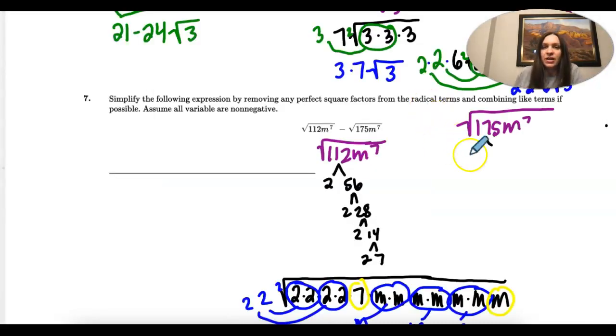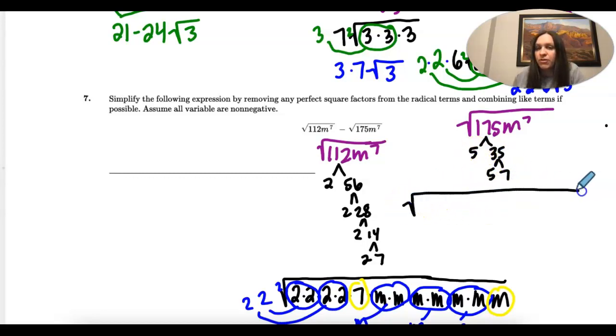So 5, 35. Now I can do this one. 35 is 5 times 7. And then I'm done. I'm down to my prime numbers. So I'm going to rewrite this as 5 times 7 times 7 m's.